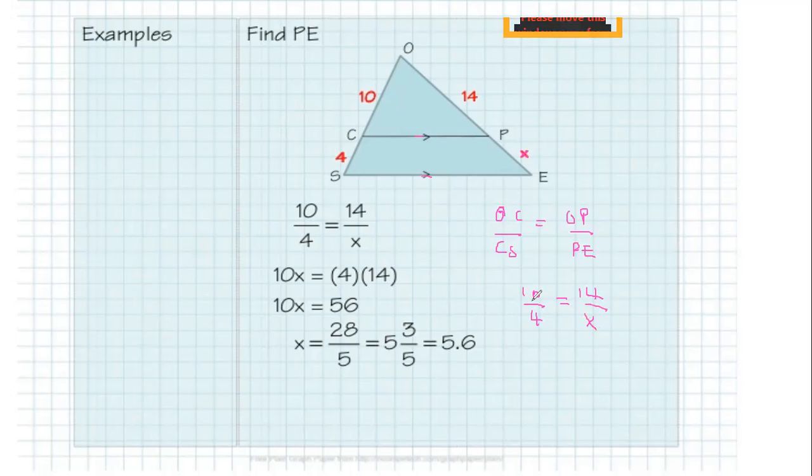You calculate the value of x by cross multiplying, and we end up having x equal to 5.6, using the proportionality law for triangles, when a parallel line divides two sides of a triangle proportionally.